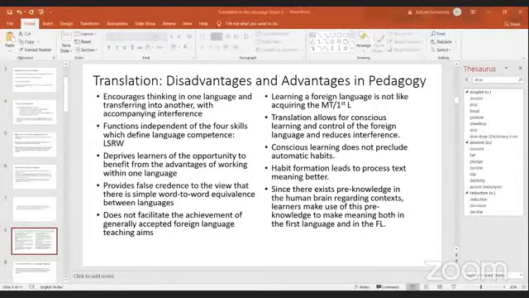So the human brain understands context and learns, and therefore makes use of this pre-knowledge to create meaning both in the first language and in the other language that they learn. So the process of translation facilitates rather than creating roadblocks in the path of language learning.